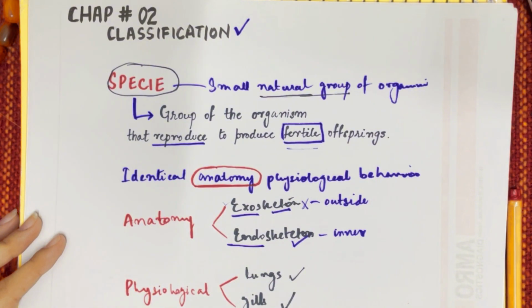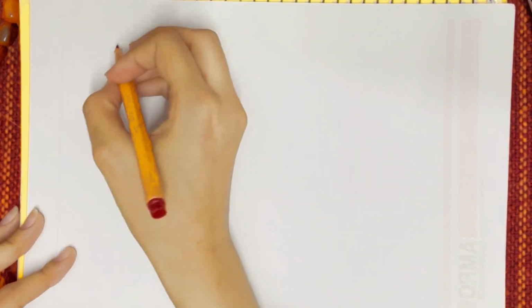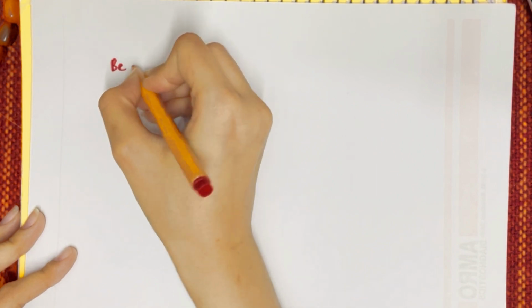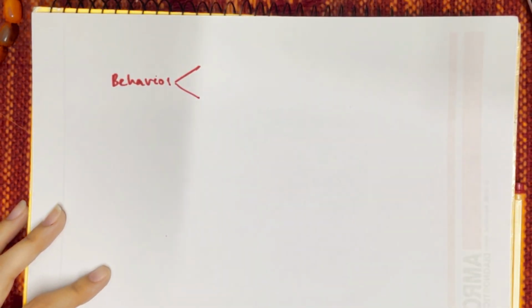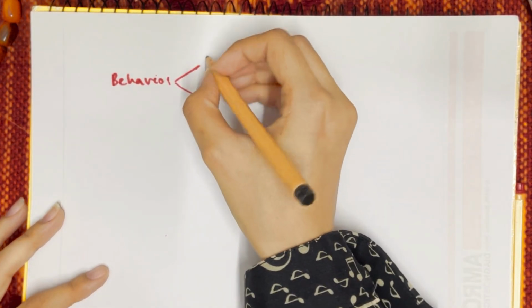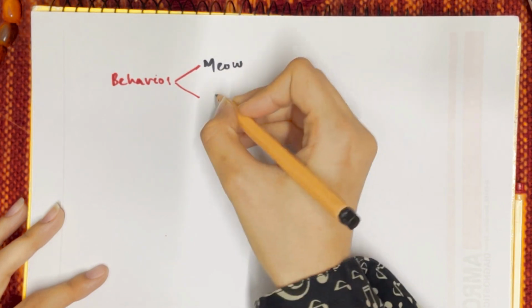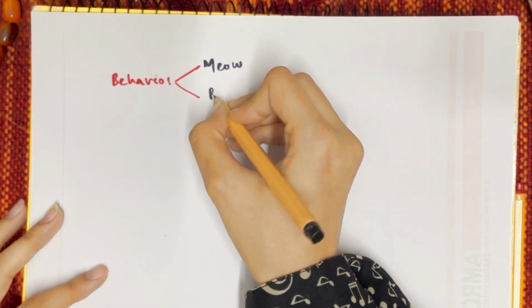Let's also talk about behavior. When I explain this, you will understand the physiological and the anatomical features in a better way. When it comes to behavior, let's say one behavior is a meow, and the other behavior is a bark.